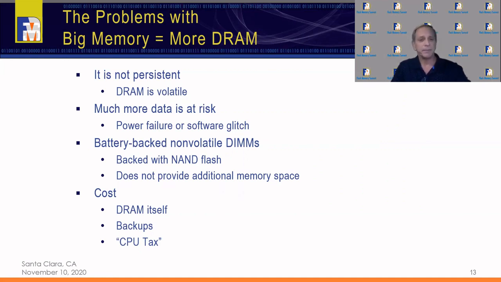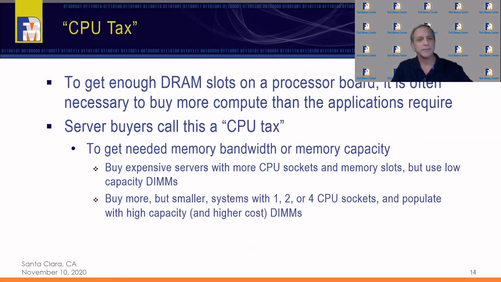Another issue is this, the CPU tax. In order to get enough DRAM slots on a processor board, it is often necessary to buy more compute than the applications require. Server buyers call this a CPU tax. To get needed memory bandwidth or memory capacity, there are two approaches that are typically used.